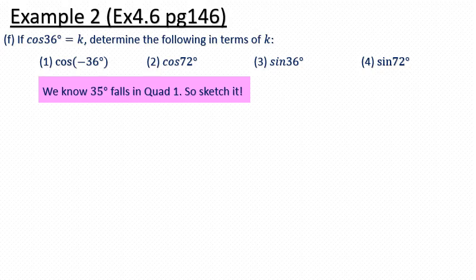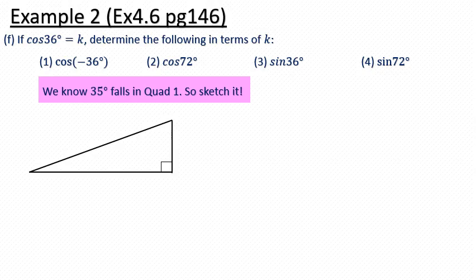So all we actually need to do is sketch it and realize we're dealing with positive y, positive x, and obviously positive hypotenuse values. So the next bit of interpretation you need to do is, after making a sketch, a 90-degree triangle with 36 as the acute angle, it's a good habit.